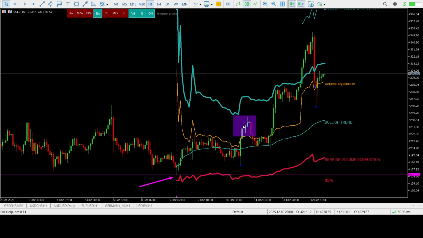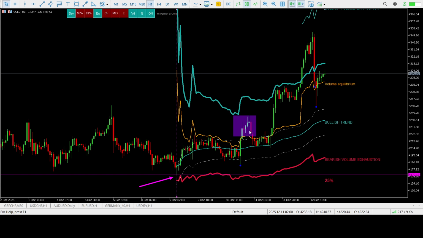Once the market broke the equilibrium line and showed us that it is possible to trade on the bullish side, the market dropped to collect liquidity to open new orders. The market dropped to the bullish trend line, anyhow it can go to the deviation lines here, or even to the bearish volume exhaustion line.